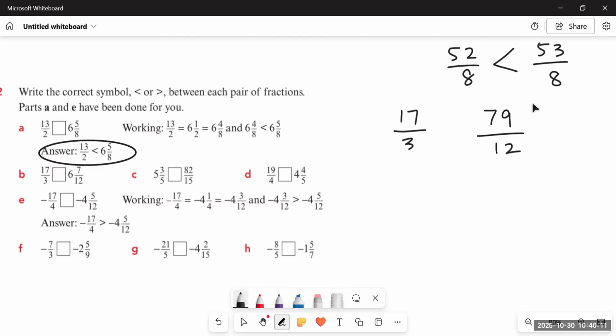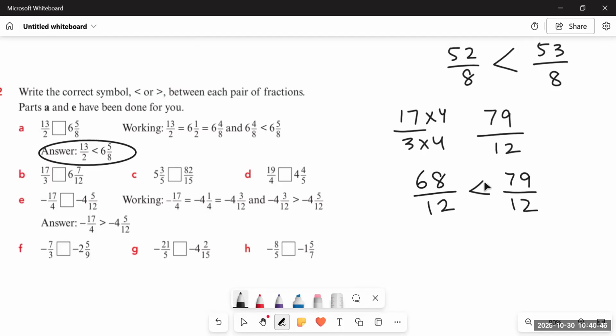So what are we supposed to do next? We'll multiply 3 by 4 and 17 by 4 as well. So 17 into 4 is equals to 68. After making the denominators the same, we can compare the two fractions, and here 79 over 12 is greater.